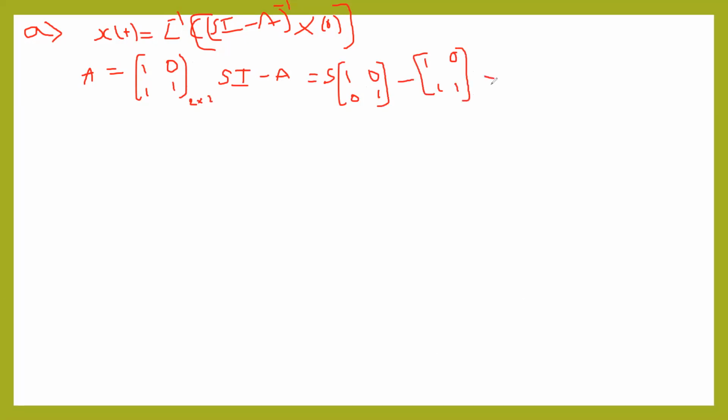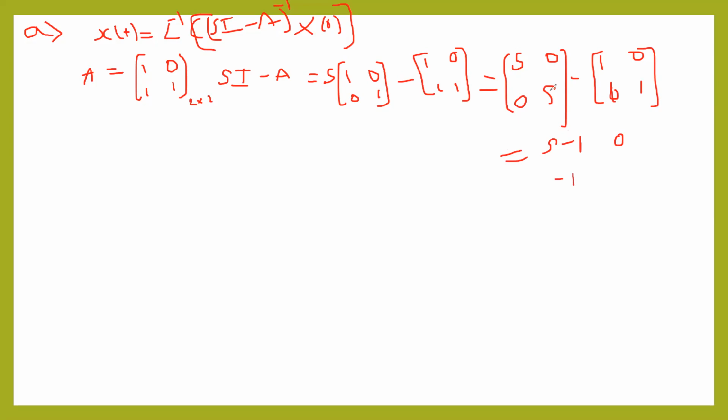So sI is s 0 0 s, and sI minus A is s minus 1, 0 minus 0, 0 minus 1, s minus 1, that is s minus 1, 0, minus 1, s minus 1.